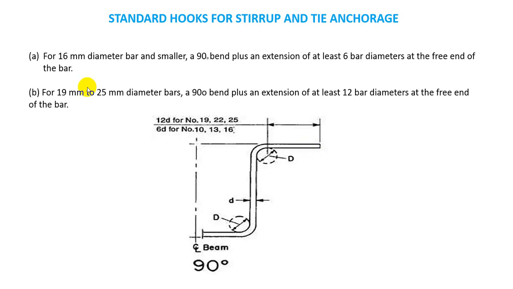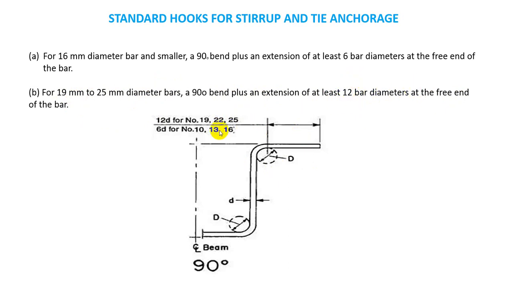But when we use 19 millimeter to 25 millimeter diameter bars for stirrup and anchorage, then we have to give a 90-degree bend plus an extension of at least 12 bar diameters at the free end of the bar.